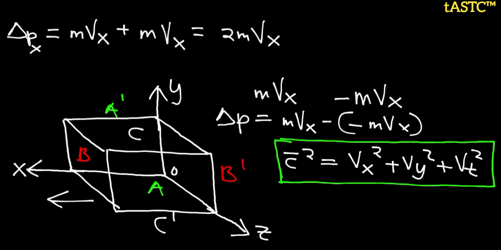Now, there is something else we need to understand. We know that the length of this cubical vessel is L. We're just going to designate that as L. As the molecule moves from the origin toward the B face, it covers a distance of L. And we're also going to have the rebound of the molecule away from the B face to the B prime face, and that is going to follow another distance L. And so there is going to be a displacement of 2L.